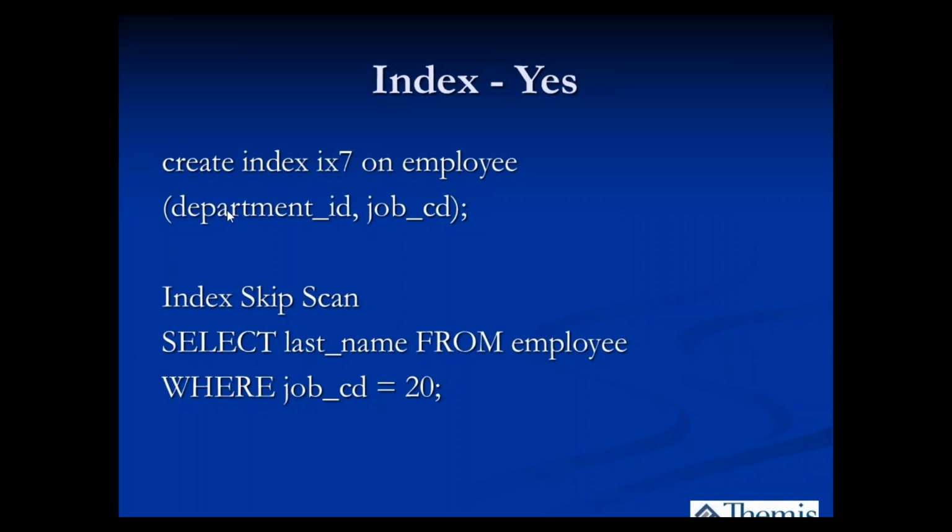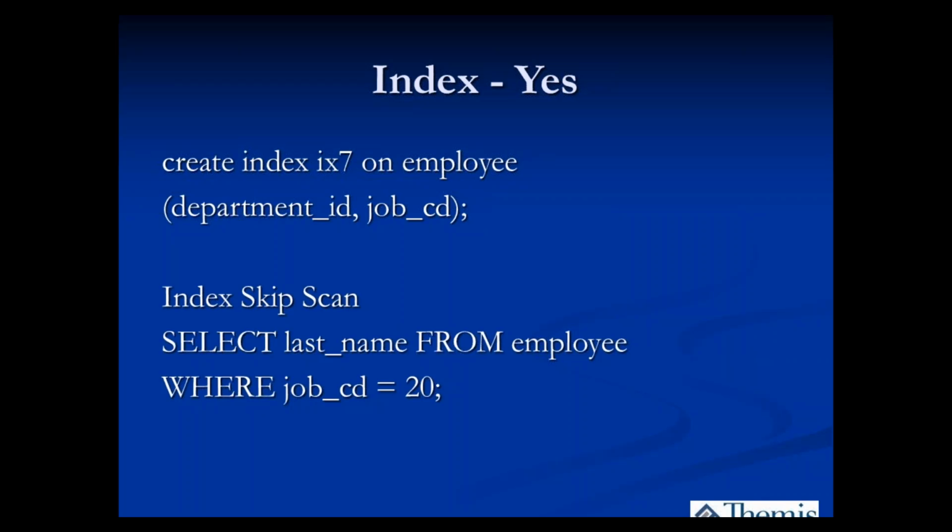However, it's also looking at statistics on the leading column about how many distinct values there are for department ID, in this case in the employee table. If there are a lot of distinct values for department ID, then chances are it won't do the skip scan, because essentially, in order to use this index where we say where job code equals 20, it's creating virtual indexes behind the scenes, and the number of virtual indexes is essentially the same as the number of distinct values for department ID.